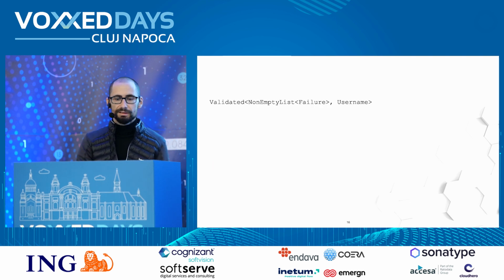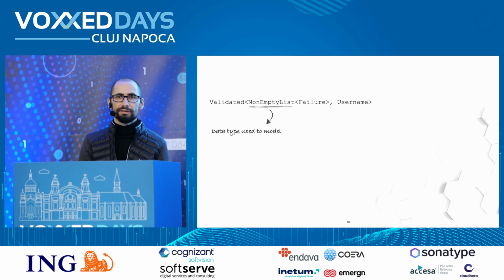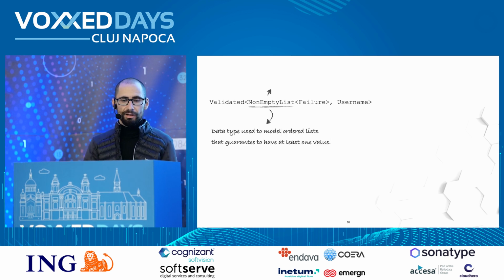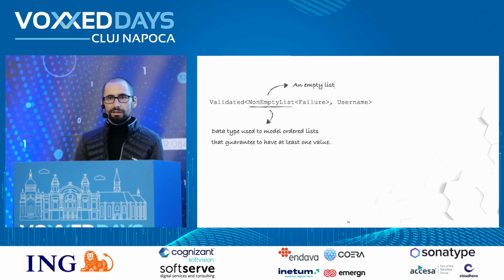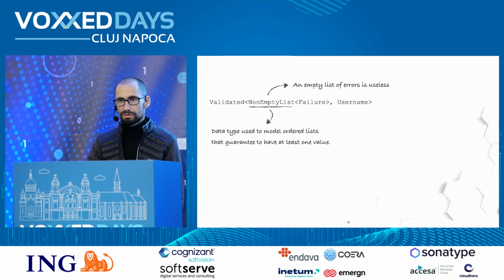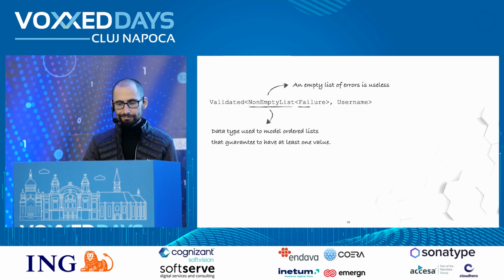So what does this mean? Basically, a NonEmptyList, as the name says, is a list that is guaranteed to have at least one value. So it's never empty. And why is that? Because an empty list of errors is useless. So we can use nulls or whatever, so it's not helpful at all.